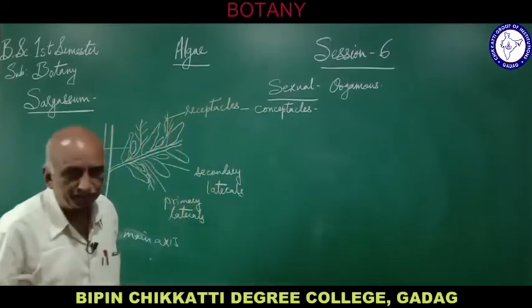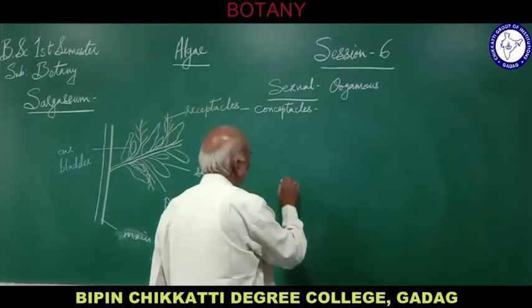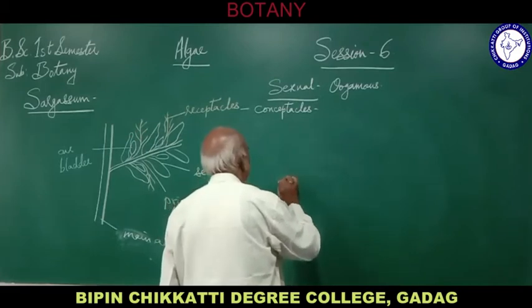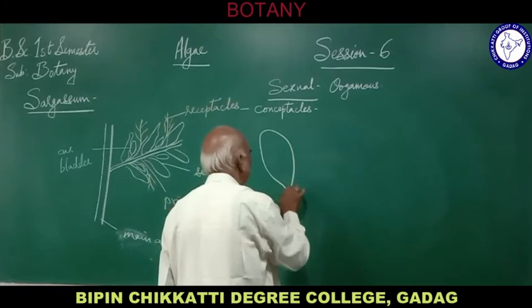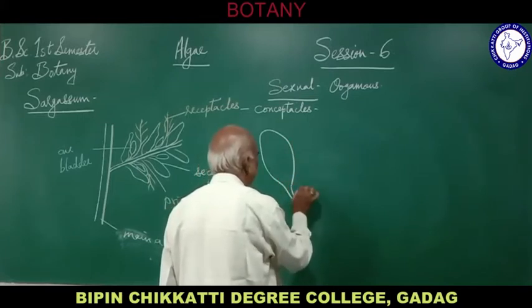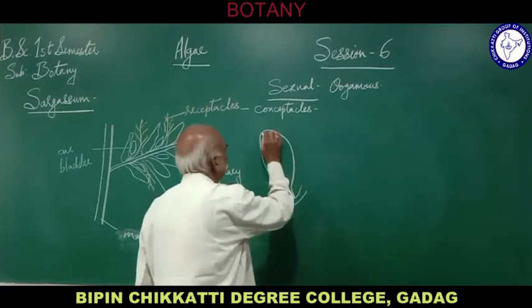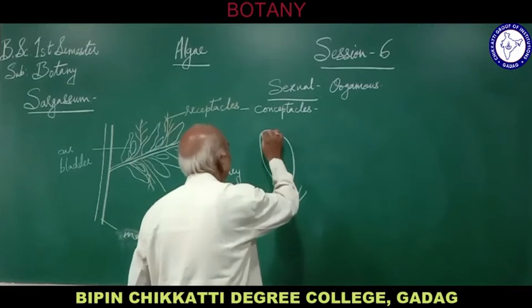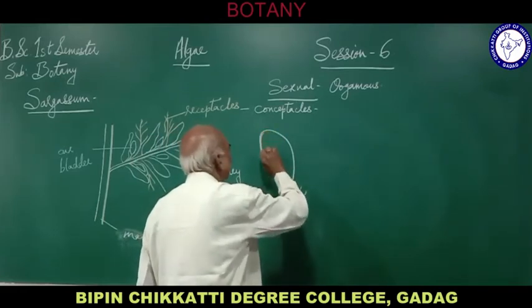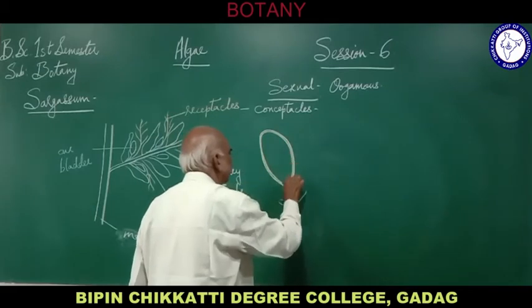Conceptacles are structures which give rise to the reproductive organs. So the club shaped Antheridia is produced in the conceptacle. So this conceptacle, the outer, there are two layers here.